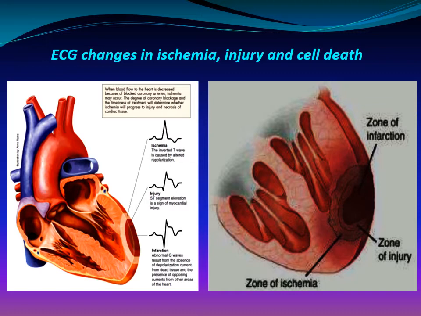Let us see the ECG changes in ischemia, injury and infarction. In ischemia, the inverted T wave is caused by altered repolarization. In injury, ST segment elevation is a sign of myocardial injury. In infarction, abnormal Q waves result from the absence of depolarization current from the dead tissue.